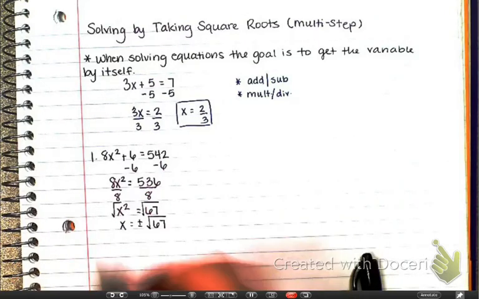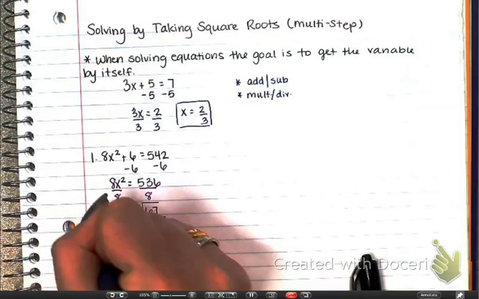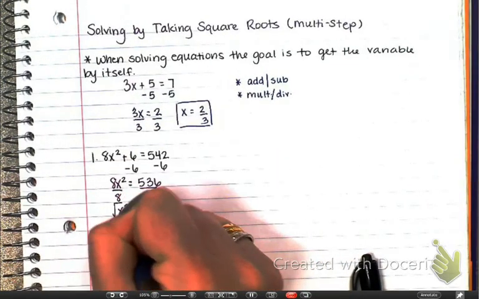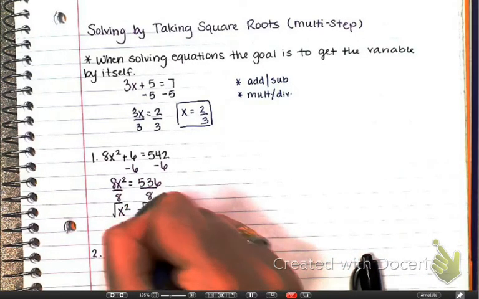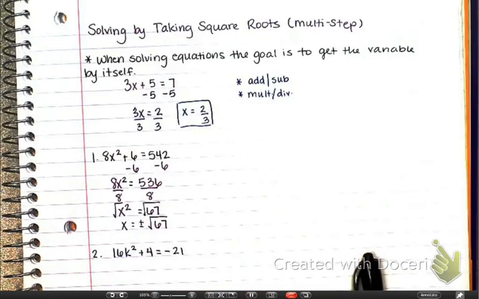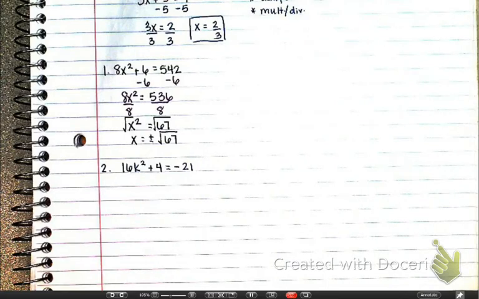Okay, let's look at one more together, and then I'm going to have you try a couple. So 16k squared plus 4 equals negative 21. Okay, so same thing.